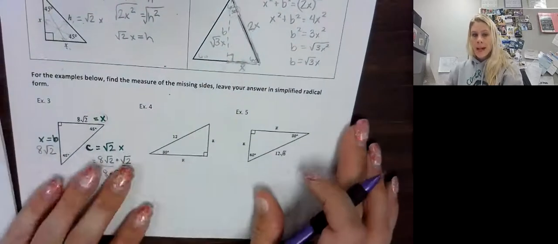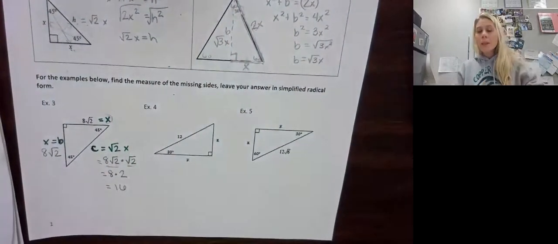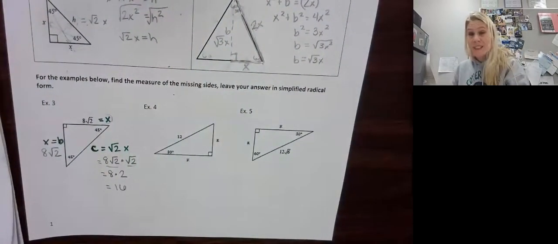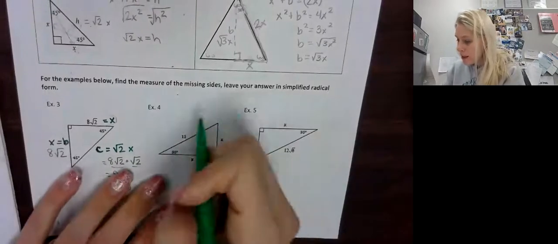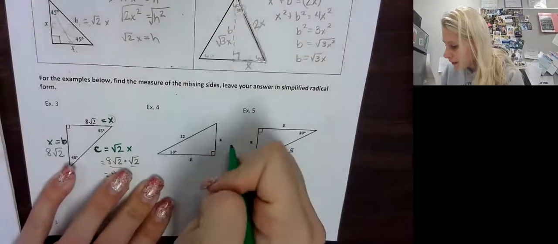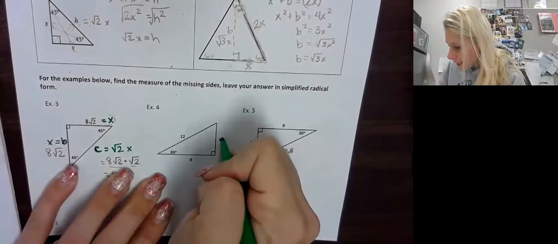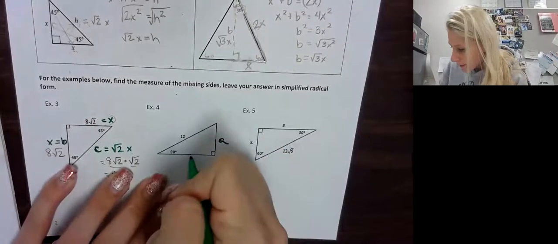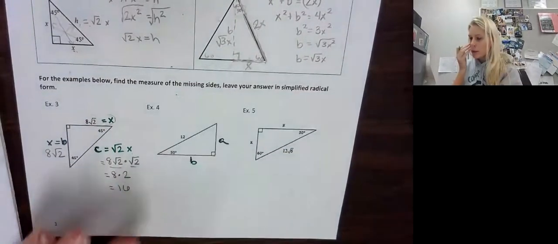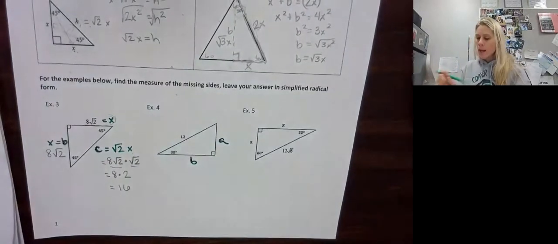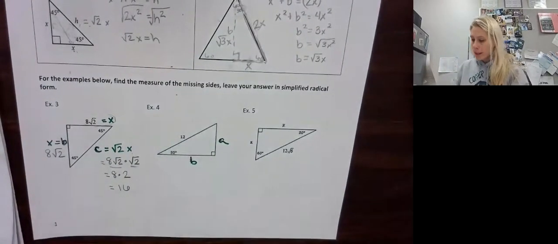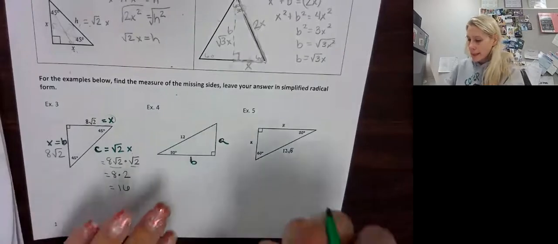Okay. Now, again, because we are using x's, I'm going to change these variables, which was probably a good idea. This would be our c, right? So let's do this as a, and this is b. Okay, so we're solving for a and b. Now, I'm going to put in what this equals.